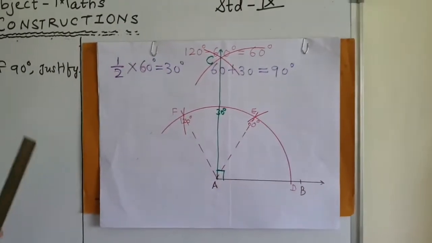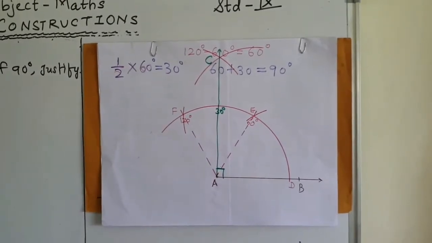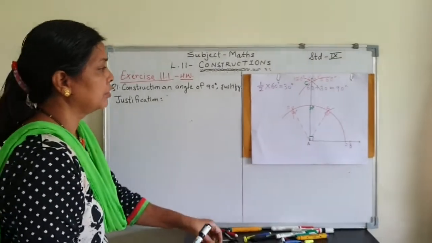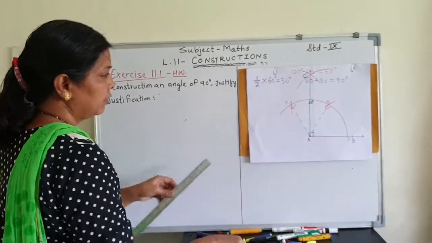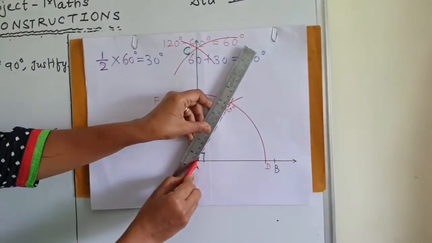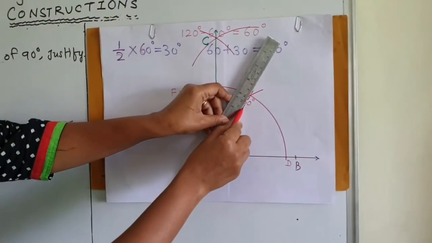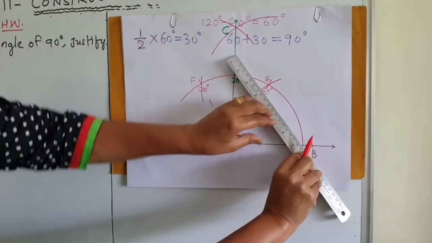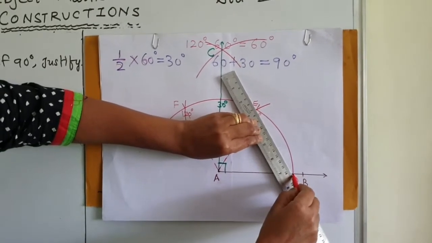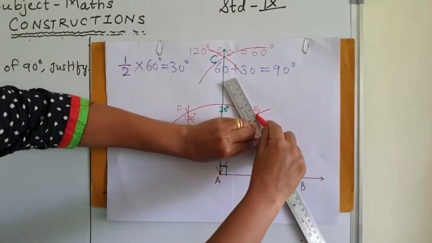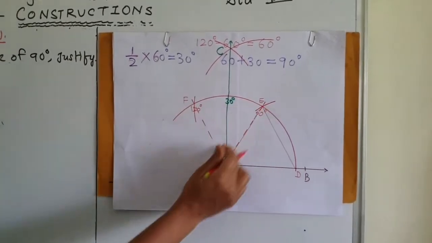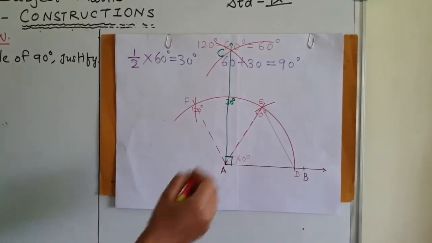Now let's see how to justify it in writing. So here, justification. In the construction, we have to join AE and DE, and that is what we have seen in the previous construction 11.3, that we get this angle EAD which is of 60 degree.